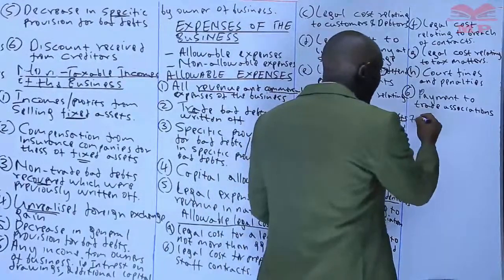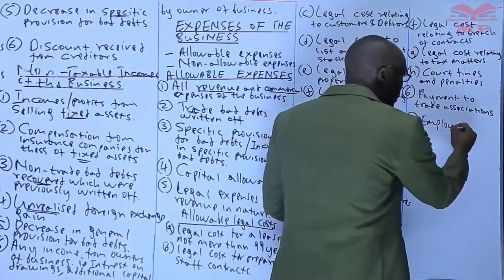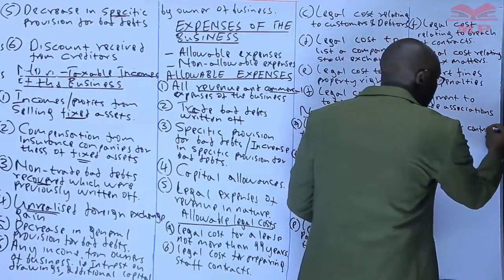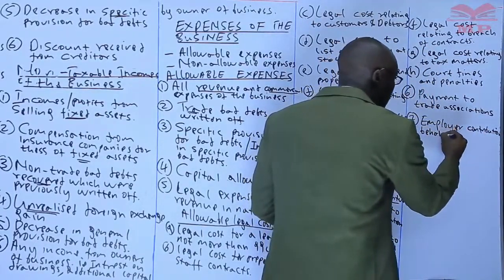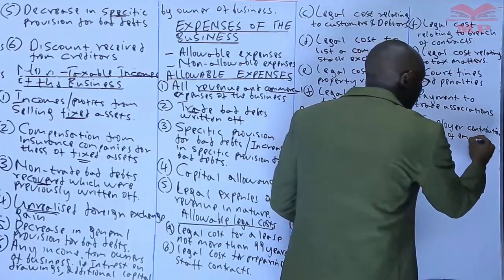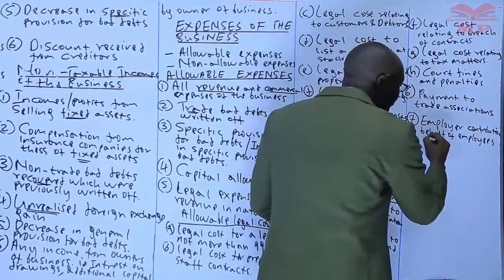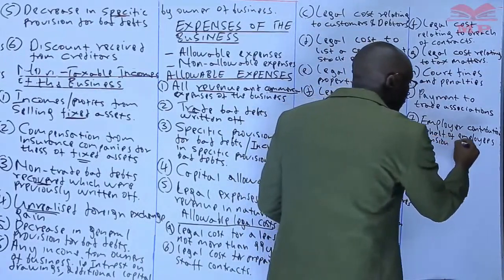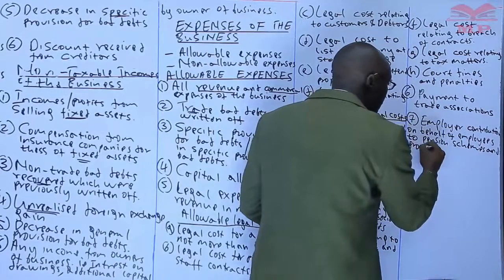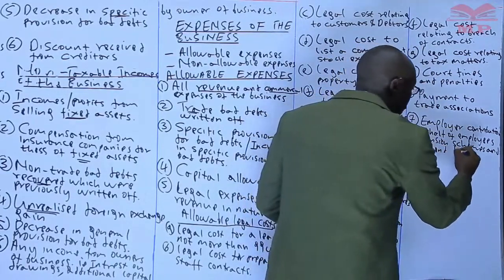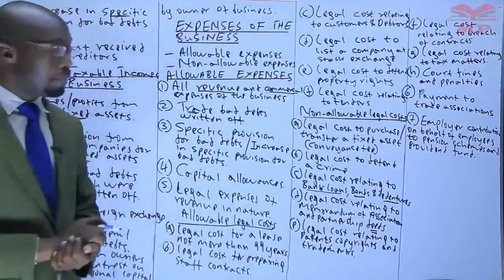Number 7, another allowable expense is the employer contribution on behalf of employees to pension schemes and provident fund. Which are these schemes?